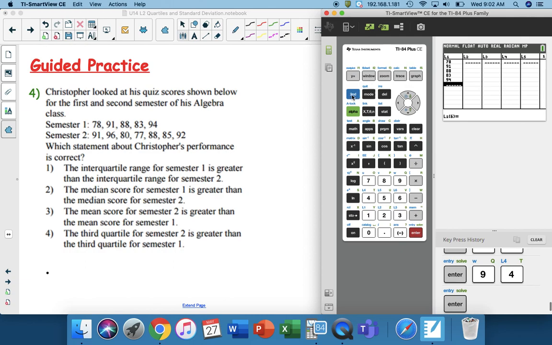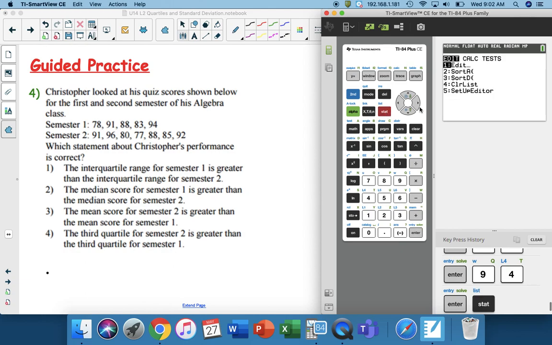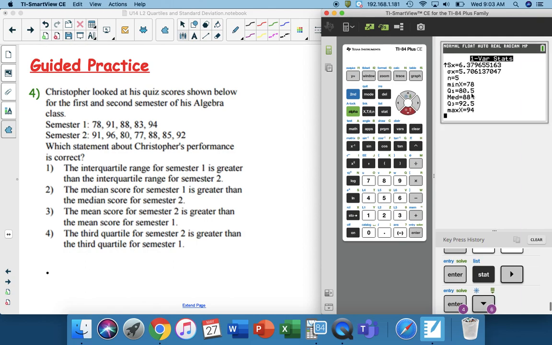Anyway, so we go stat, calc, one variable stats. Enter, enter, enter, calculate. All right, so for the interquartile range of semester 1, we had 92.5 and 80.5.